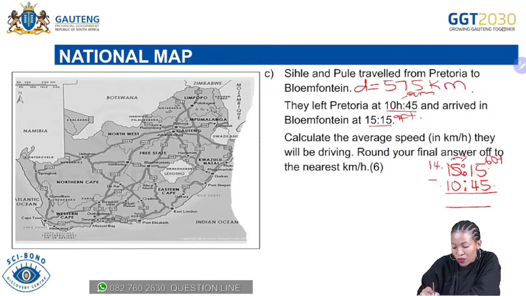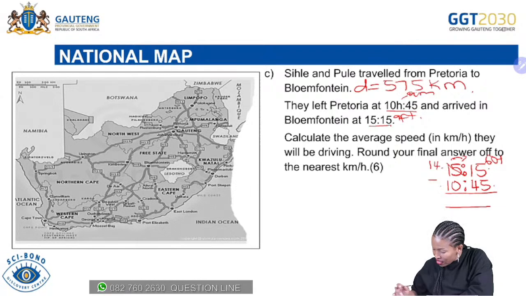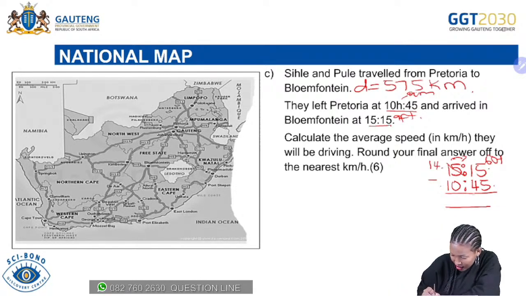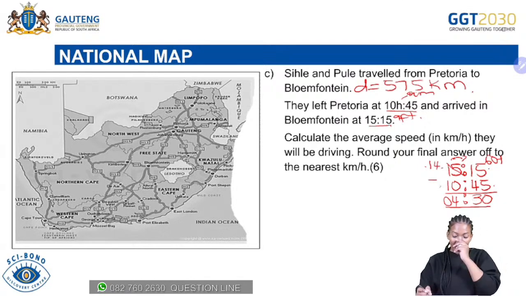So 60 plus 15 is what? 75. Now you can say 75 minus 45, and the answer is 30. So it means we've got 30 minutes. And then you say 14 hours minus 10 hours. What are you left with? You are left with 4 hours. That is why I said the time that they will take is 4 hours, 30 minutes.